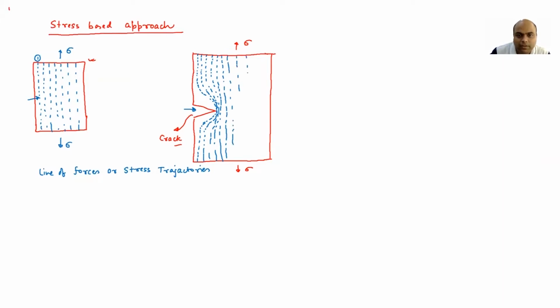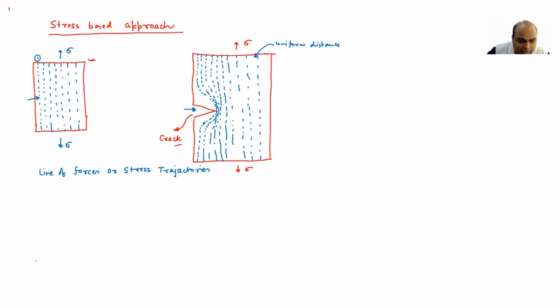So far away from the crack tip, the lines are just going to look like what we have seen in the left image. There is no deviation. That means there is no effect of the presence of the crack. So far away from the crack tip, it is going to behave like there is no crack. So here you are going to have uniform distance, like what we had in the previous case without any crack, right?